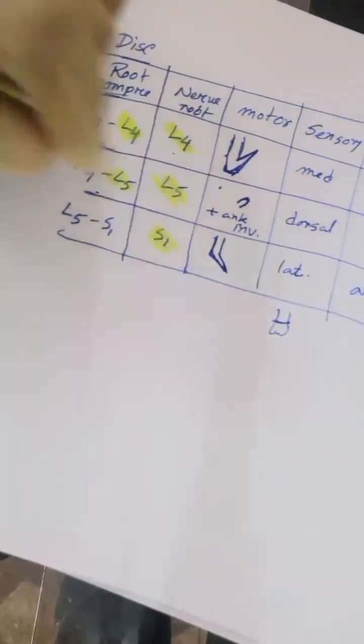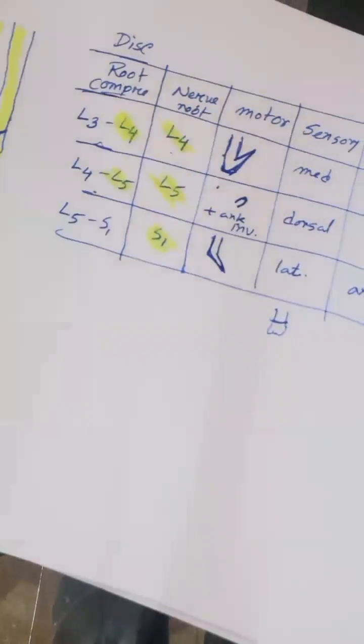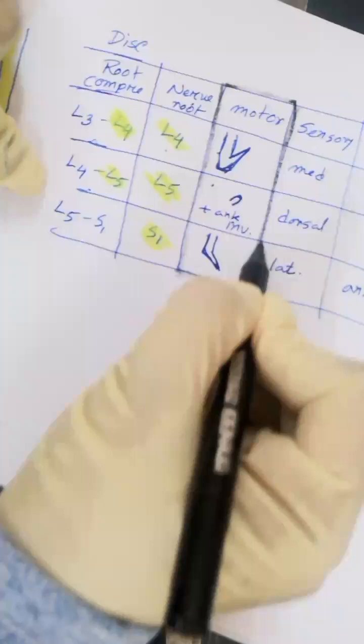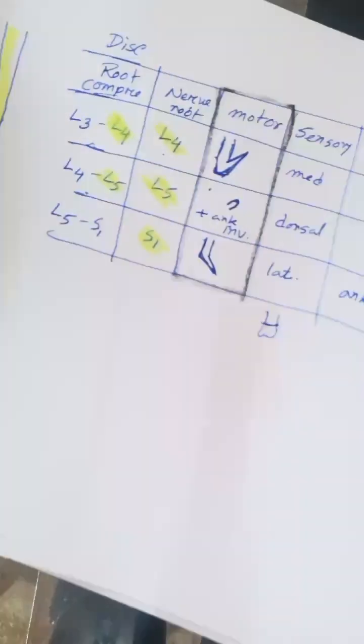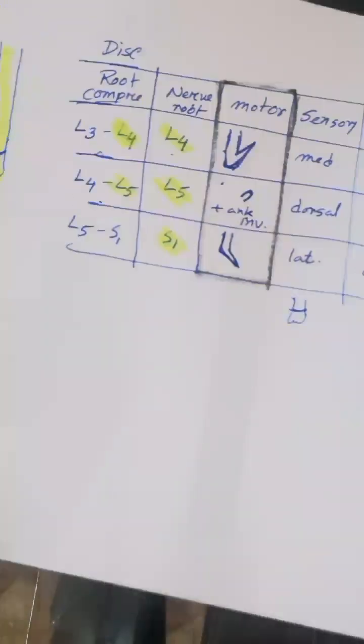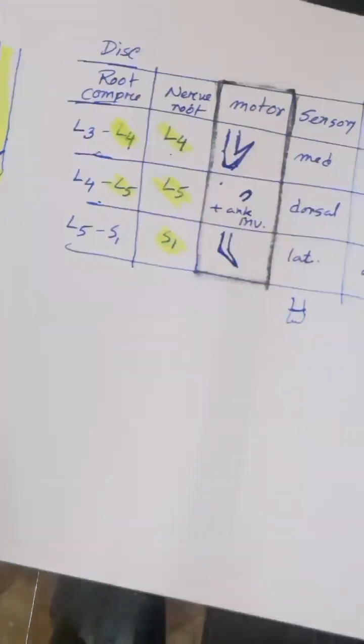Put your feet down, S1. This motor topic is so important. Of course, dermatome will also help you, but dermatome sometimes you can get confused from their language, how they're describing. So with motor, you can differentiate easily. Motor you cannot forget. Dorsiflexion of the foot, L4. Dorsiflexion of the great toe and ankle inversion, L5. Plantar flexion of the foot, S1.